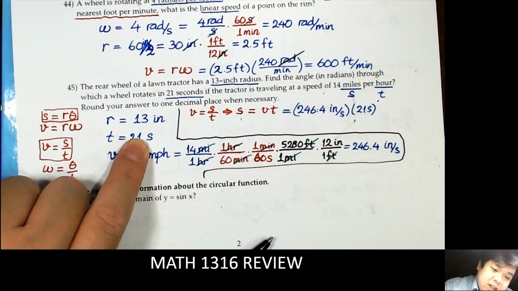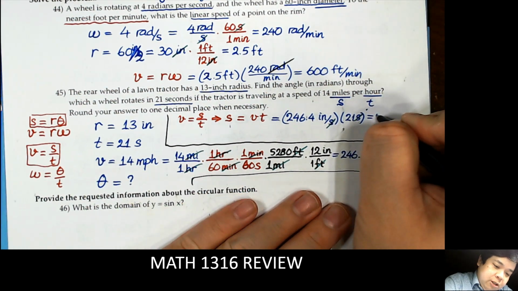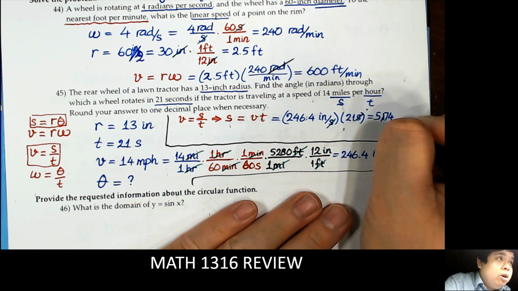The seconds cancel out. So 246.4 times 21, we have 5,174.4 inches.